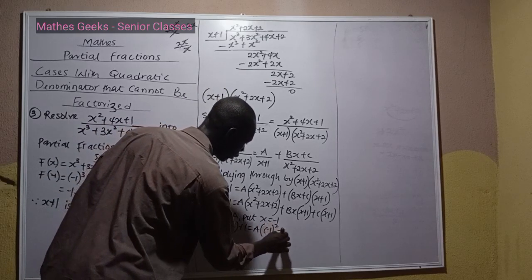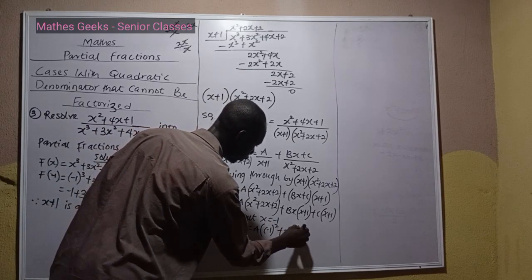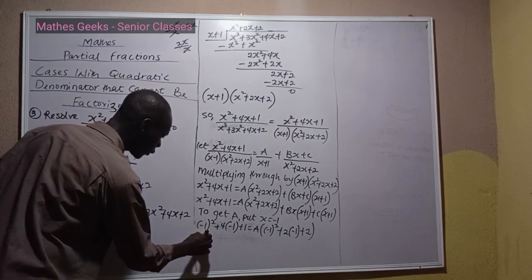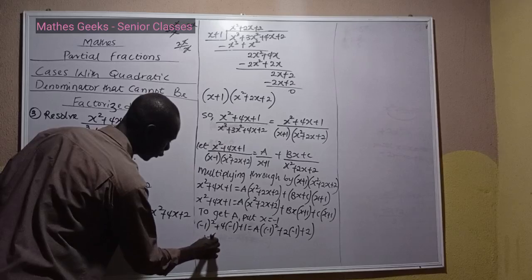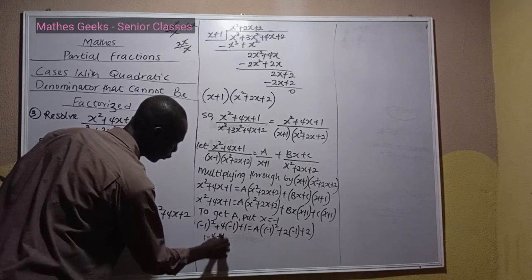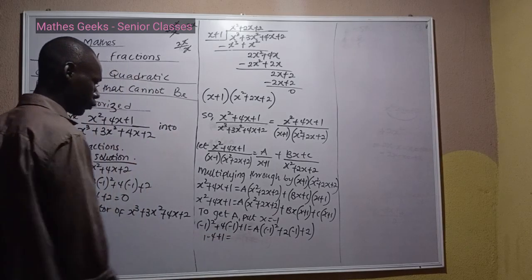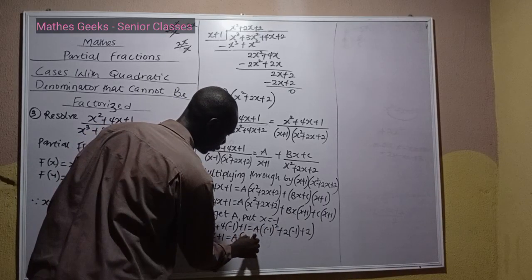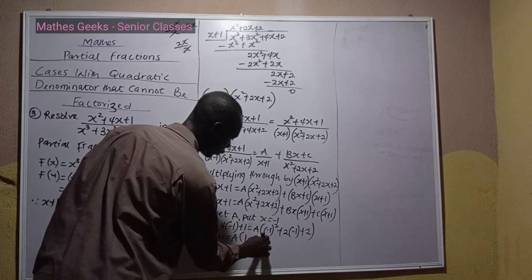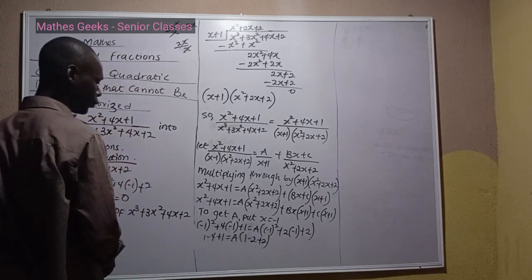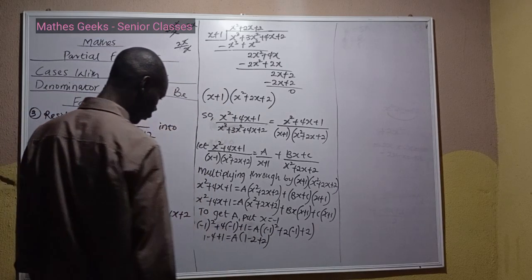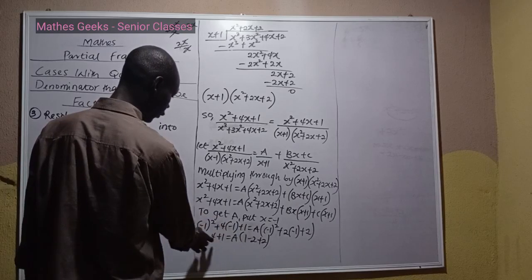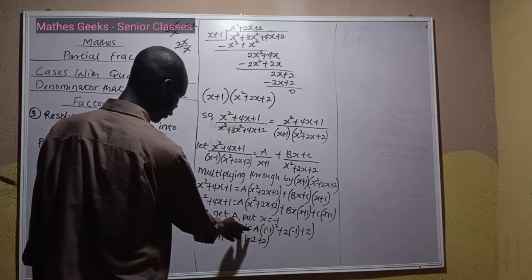Minus 1 squared plus 2 minus 1 plus 2, so it becomes 1 minus 4 plus 1. And here a is 1 minus 2 plus 2, so this becomes plus 4 minus 4, 1 plus 1.